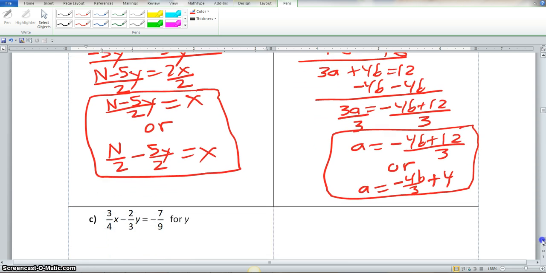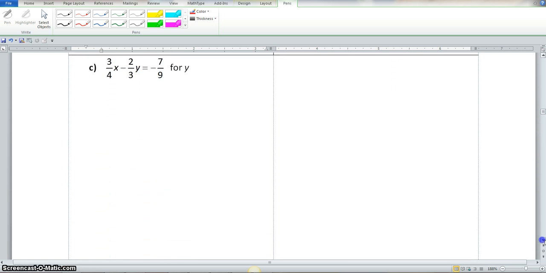Now we scroll down here to C. Now this problem here, if you notice, we're solving for y, but we have fractions here. So I would suggest, like we did in the last problem, that we multiply everything by the common denominator of 4, 3, and 9, which is 36.